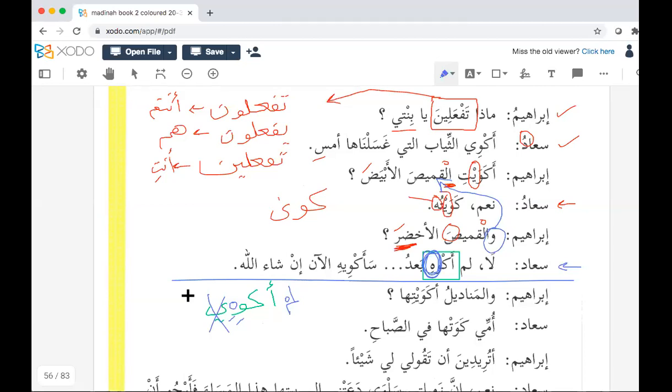And ba'du means yet. Lam akwihi ba'du, meaning I haven't ironed it yet. Then she said, sa'akwihi, I will iron it now, inshallah. The seen only comes in front of the fi'l mudari' to show that it's going to happen in the future.